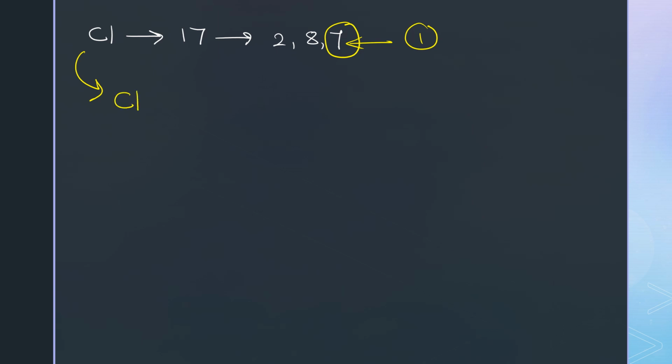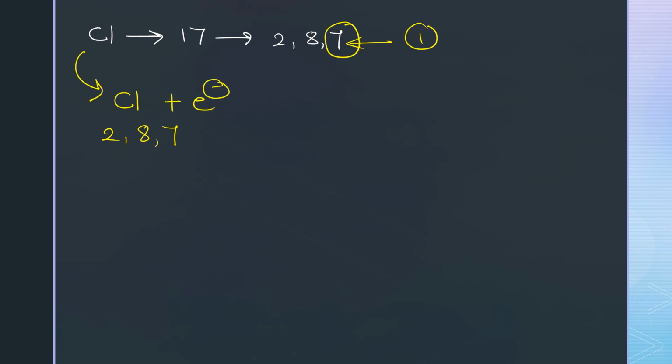Similarly for chlorine, it has atomic number 17 and the electronic configuration 2, 8, 7. So in the last orbit of chlorine we have 7 electrons, right? To complete the octet rule, it needs only one electron, so it is quite easy. Chlorine, which has the configuration 2, 8, 7 right now, accepts one electron.